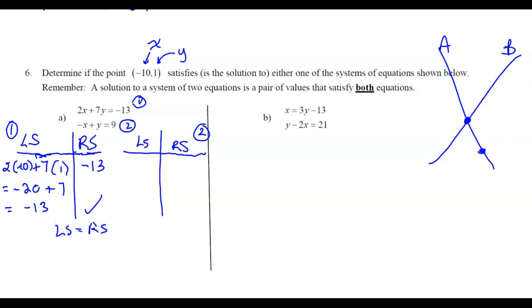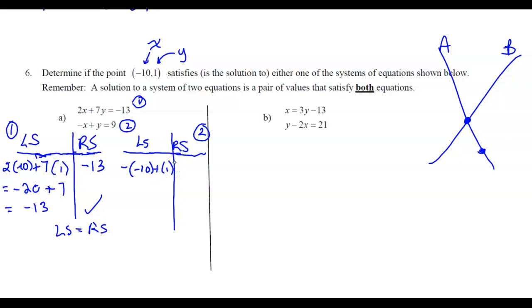Then we'll do the same thing. I'm just going to move my line over a little bit here. You should show your steps. And if it asks you to verify, like in a written response, you should show them, but if you're just verifying for yourself, you don't have to. For equation 2, my left side is negative bracket, negative 10, plus bracket 1.